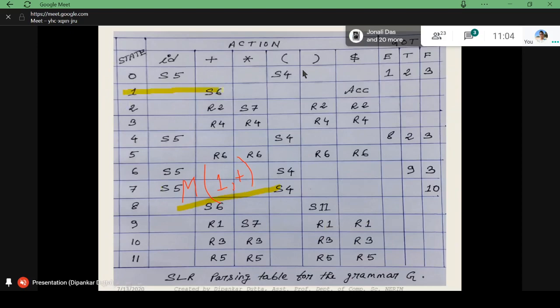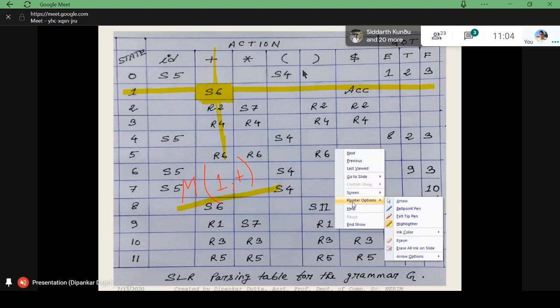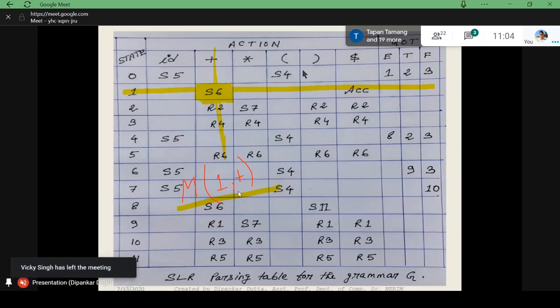This is the row, and plus is the column. Where they intersect, here. That means M1 plus represents this particular box or entry. And S6 means what? Shift 6. So this is about M.